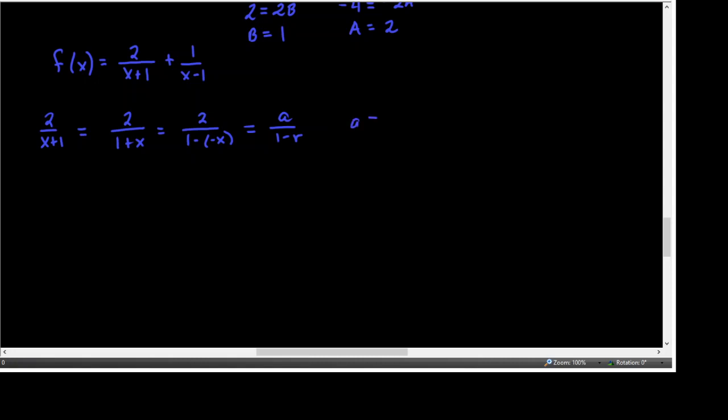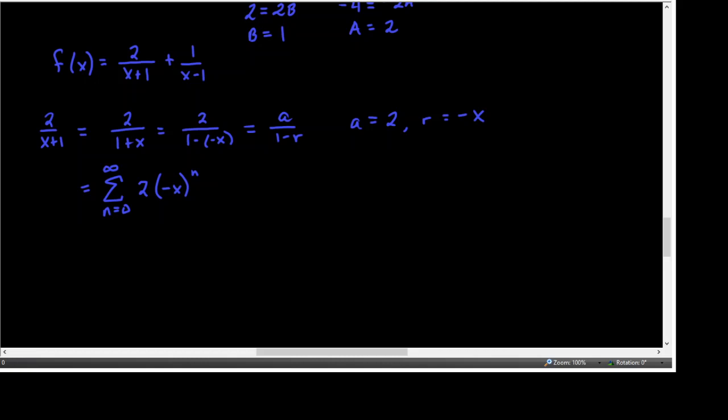So equating that to a over 1 minus r, a is 2, r is opposite of x, and so that series is equal to sigma from n equals 0 to infinity of a, which is 2, times r, which is the opposite of x, raised to the nth.